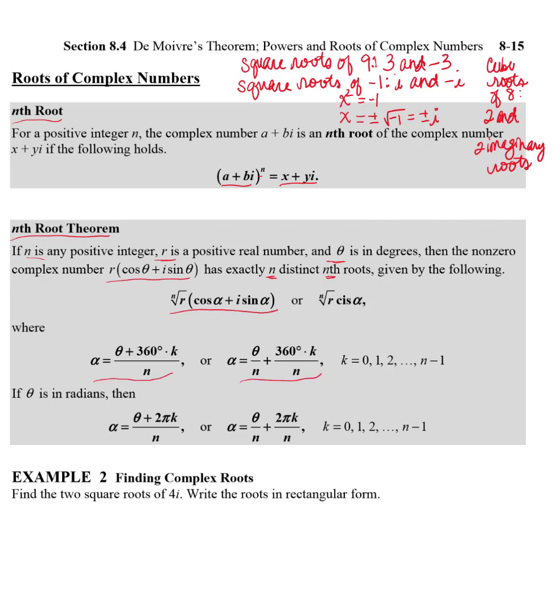You can write it either as 1 fraction or 2 fractions, or if theta is in radians, you can write alpha as 1 fraction or 2 fractions. And to find each of the roots, you're going to take k equal to 0, and then 1, and then up to n minus 1. And you see that there will be a total of n roots for each of these.